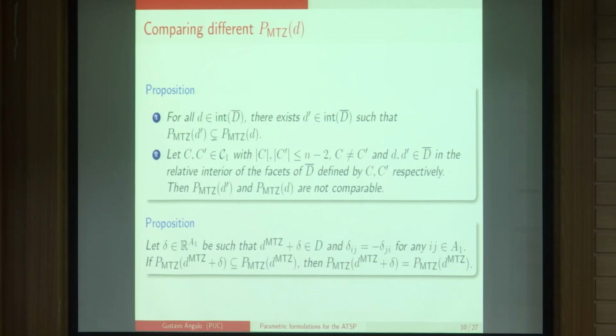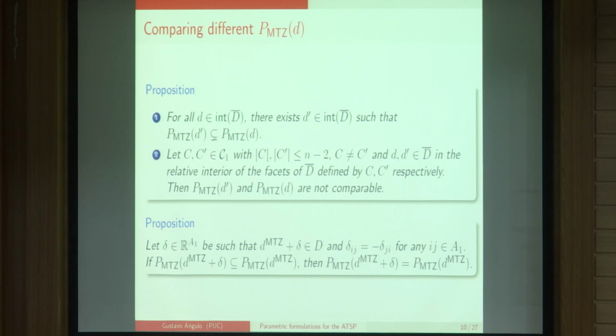So actually, if we pick say D and D prime in different phases of the set D bar, then, sorry, I said something imprecise.